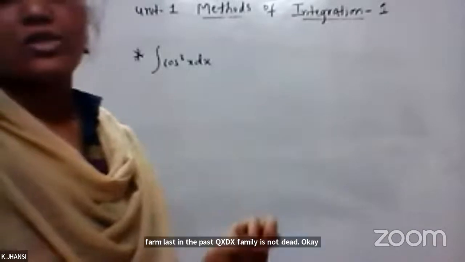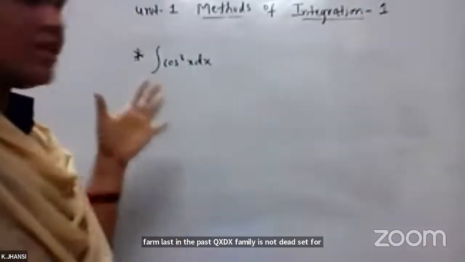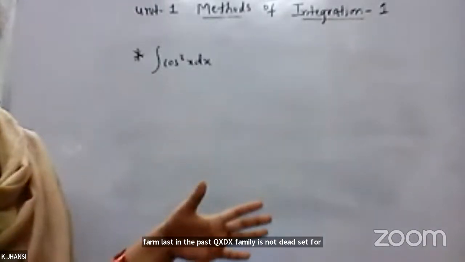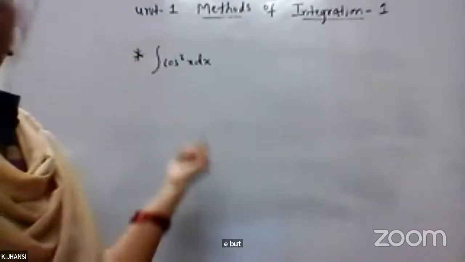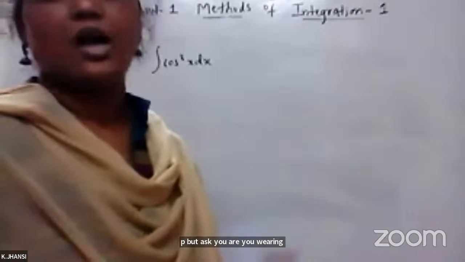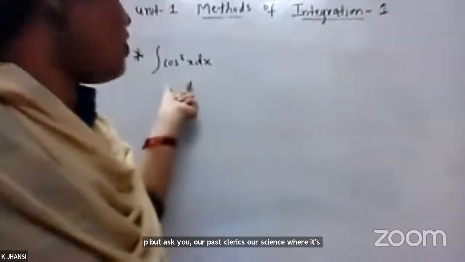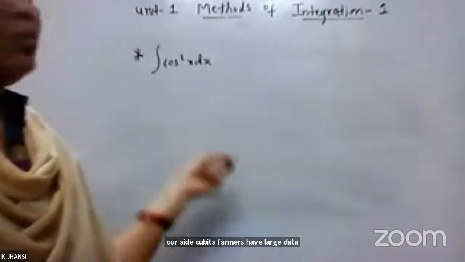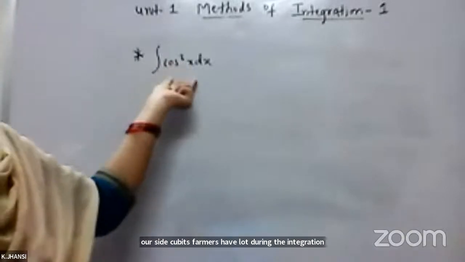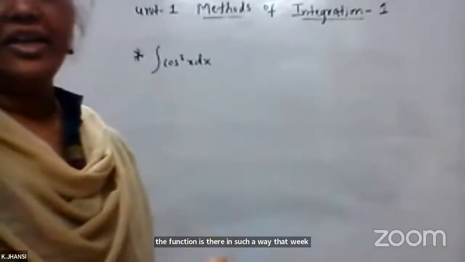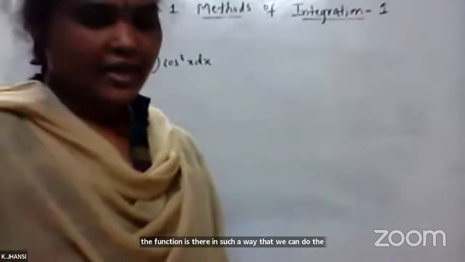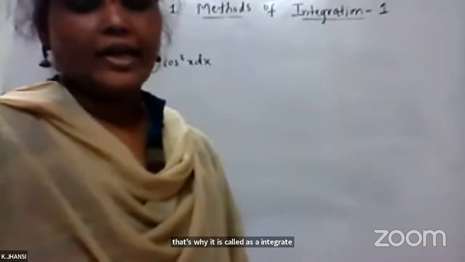Cos x is there. Even cos 2x will be there. Cos 2x or sin 2x you may have, but the formulas for cos cube x, cos square x, sin square x or sin cube x are not there in the integration. So you have to convert whatever function is there in such a way that we can do the direct integration. That's why it is called integration using trigonometric identities.